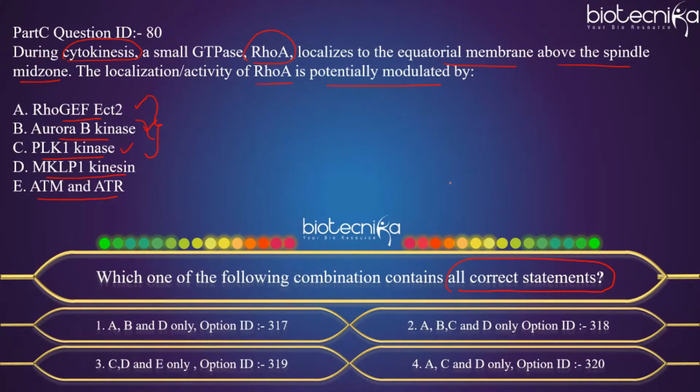So the right answer, anybody is trying? No? Anybody answered this question? Try and tell me. So when I said B and C, I said it is there in the correct statement. So what do you see? Which option should be correct?